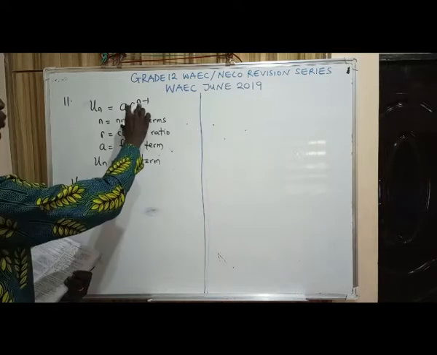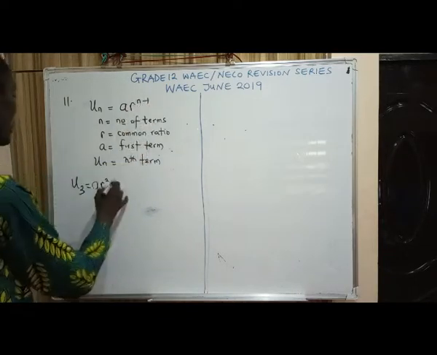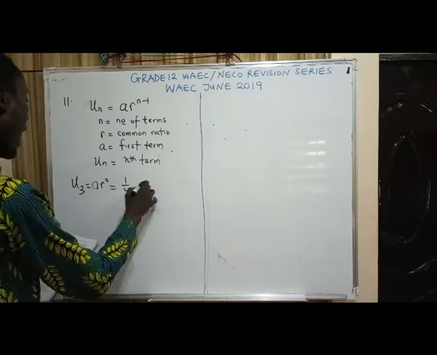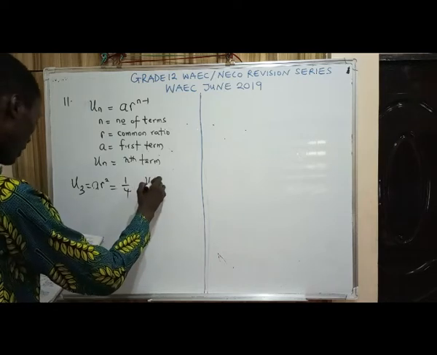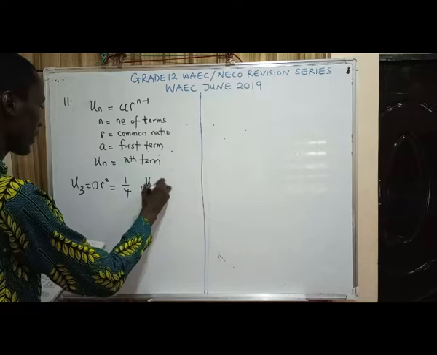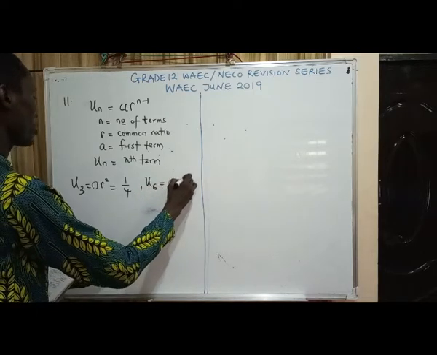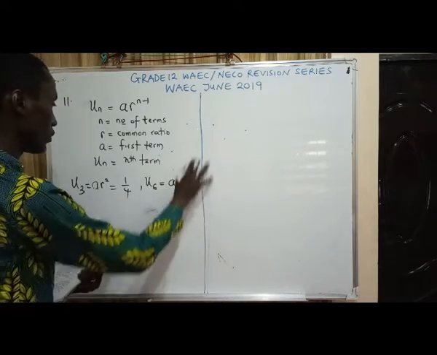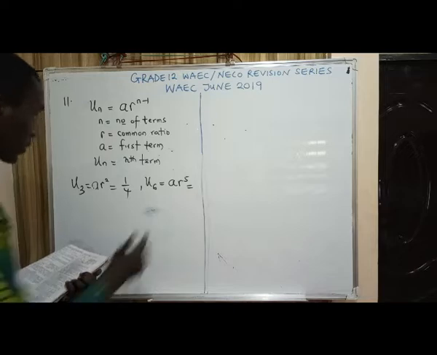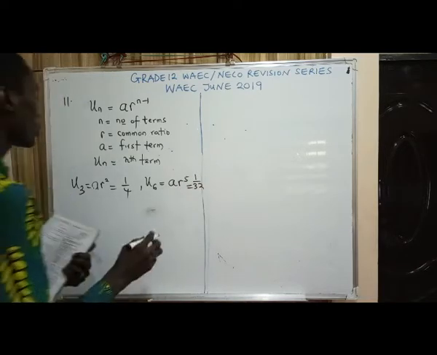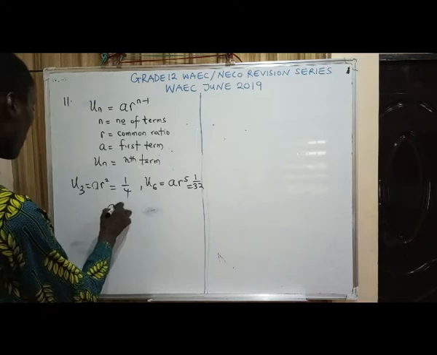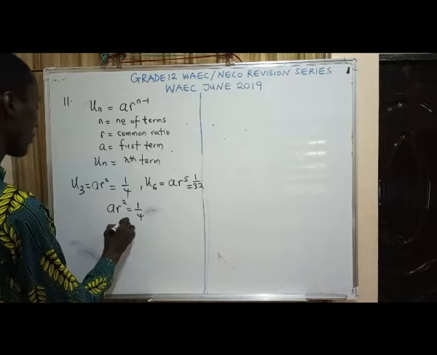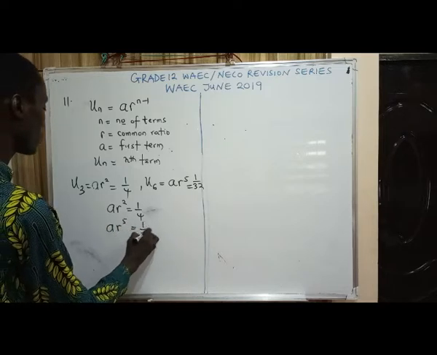AR raised to the power of 2, because 3 minus 1, is equal to 1 over 4, and the sixth term, which we'll call AR raised to the power of 5, will be 1 over 32. So what we simply need to do is to say that AR raised to the power of 2 is equal to 1 over 4, and AR raised to the power of 5 is equal to 1 over 32.